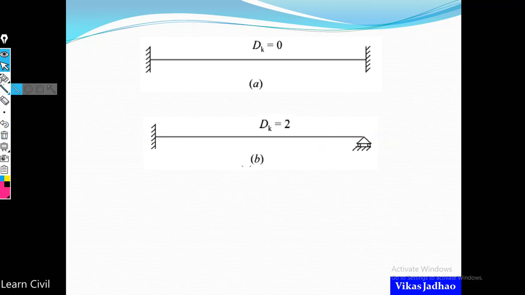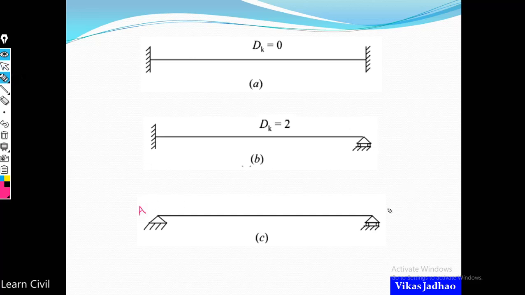Let us consider another example where the left support A is a hinge support and support B is a roller support. For this particular case the deflected shape will be something like this. We'll be having rotation at A, that is theta A, and rotation at B, that is theta B. Again, some translational movement is possible at end A, let us consider it is ux.